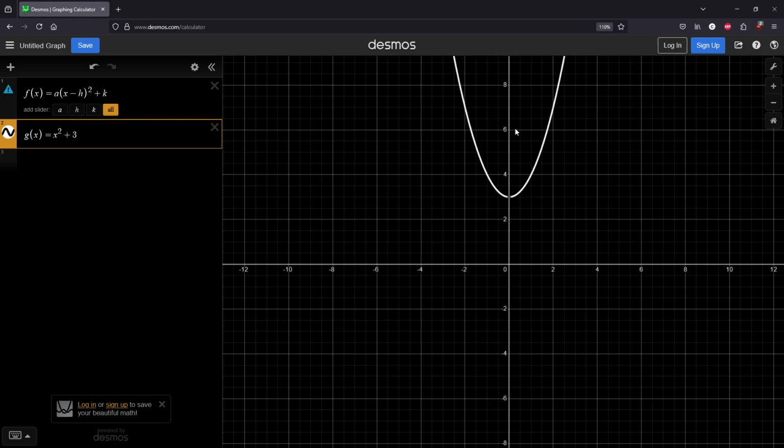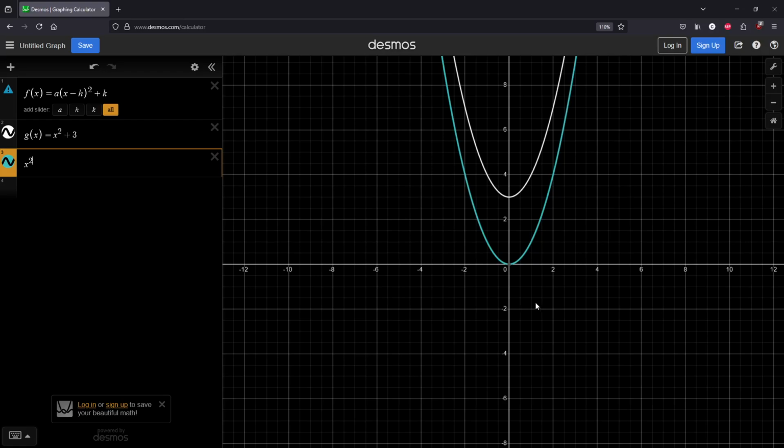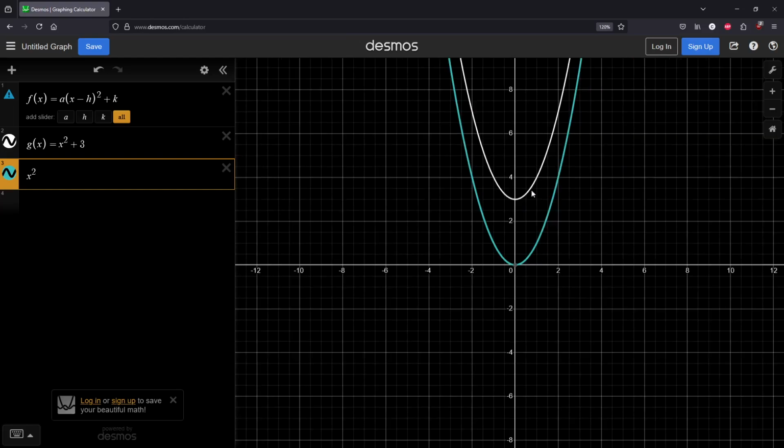We see that my line is up here. And think about what my parent function looks like. My parent function being x squared, we see that my original function should be down here. But in actuality, my function of x squared plus 3 is up top.